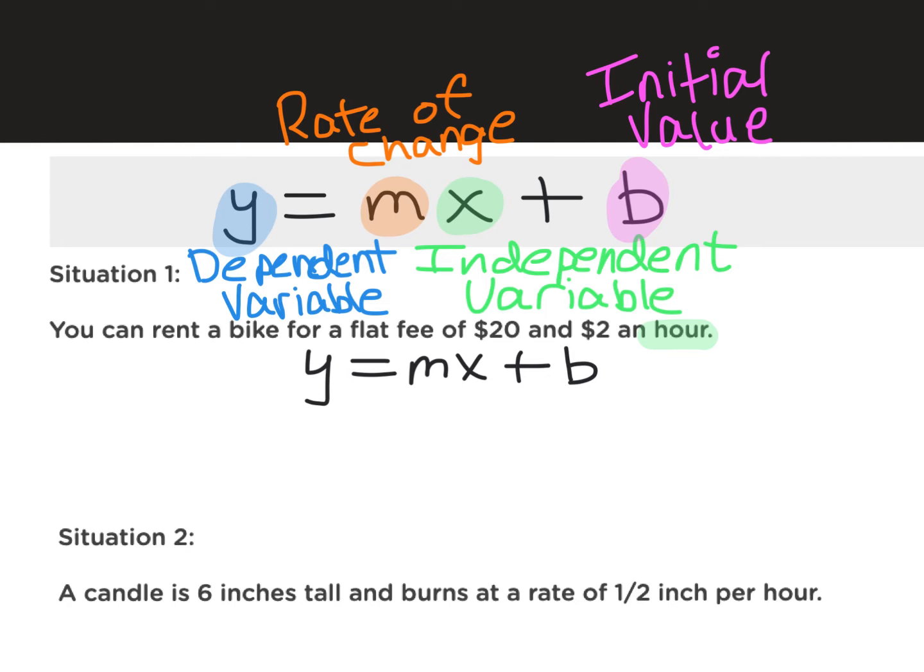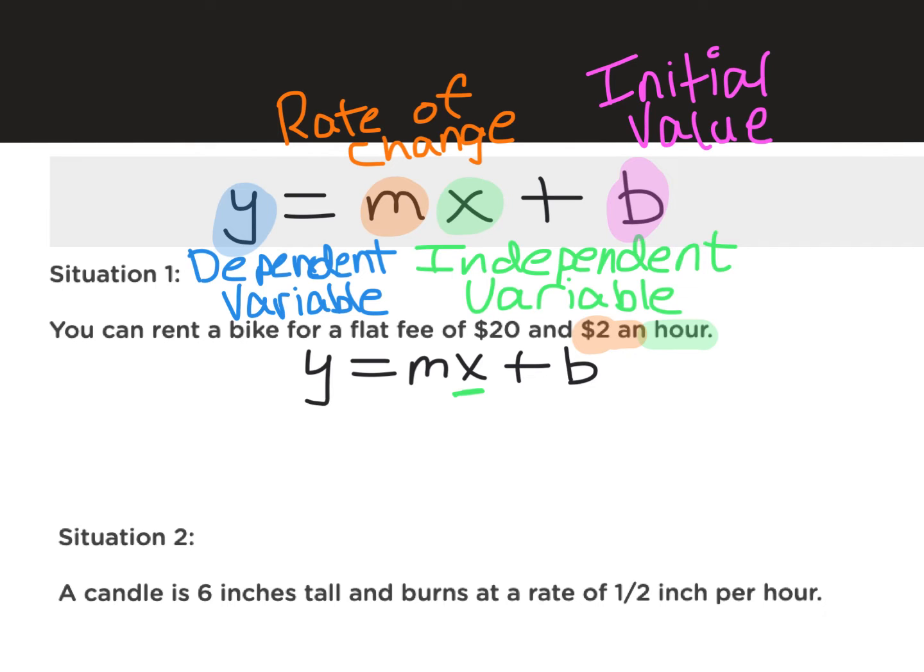And we know from previous activities that most of the time your unit of time is going to be your independent variable. And since it is specifically saying that the price of the bike will increase $2 an hour, that means the amount of money you owe will increase by $2 for every hour that you have it, right?